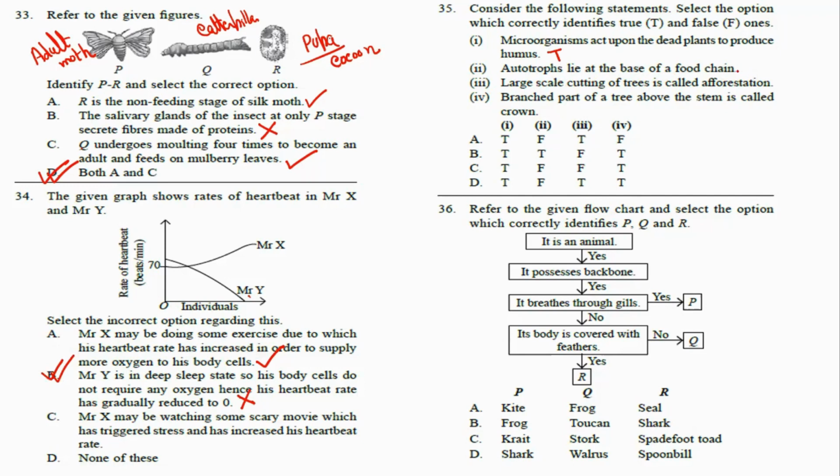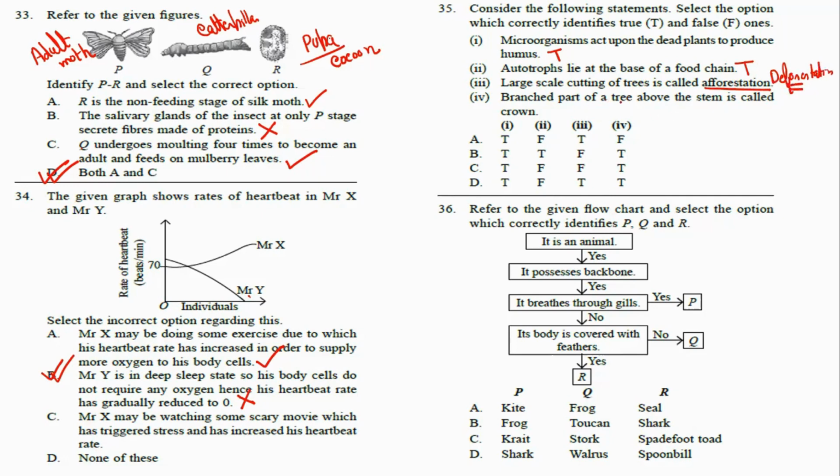Yes, this is also correct because autotrophs are the plants, which are huge in number, right? So this is also correct. Large scale cutting down of trees is called afforestation. Wrong. This is called deforestation. So this is a false statement.